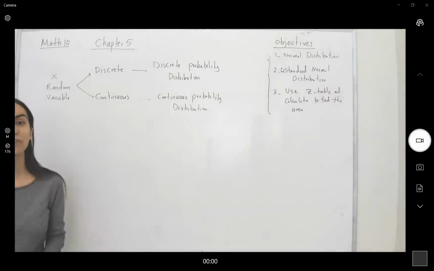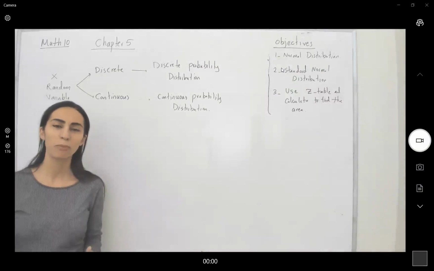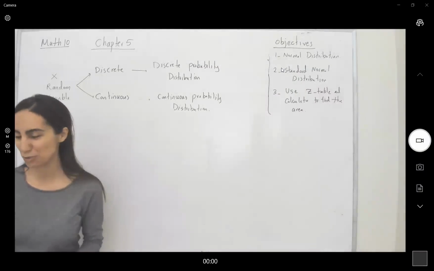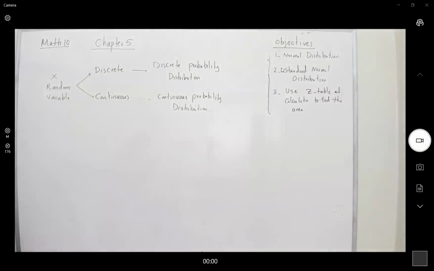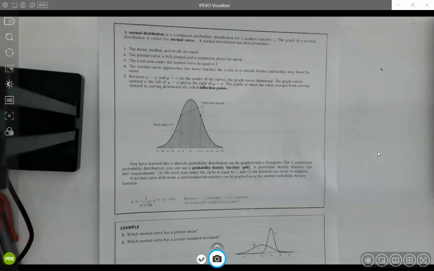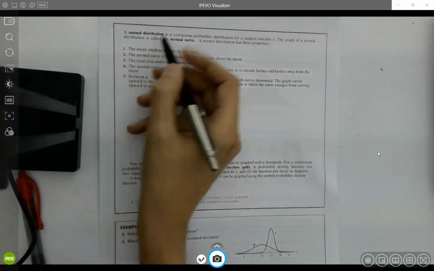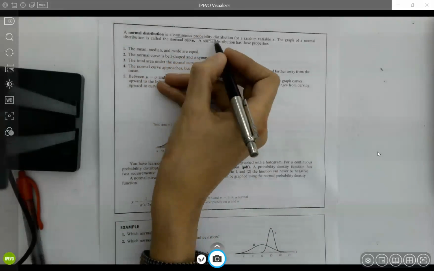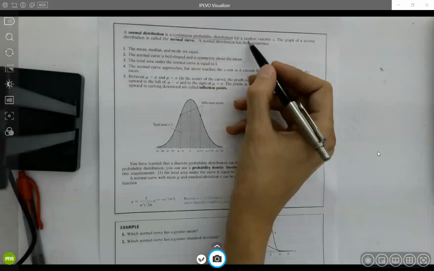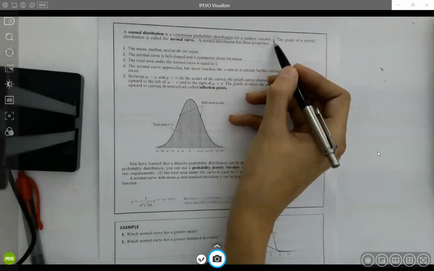Let us take a look at our notes and go over the properties of a normal distribution. So, a normal distribution is a continuous probability distribution for a random variable like x.